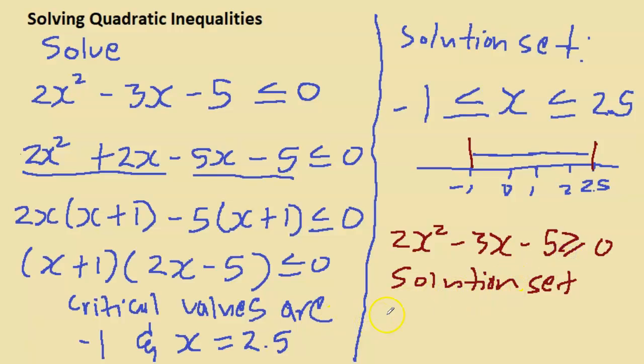So the solution set would be x greater than or equal to, since it's or equal to, the larger critical value, which is 2.5. And x would be less than or equal to the smaller critical value, which is minus 1.